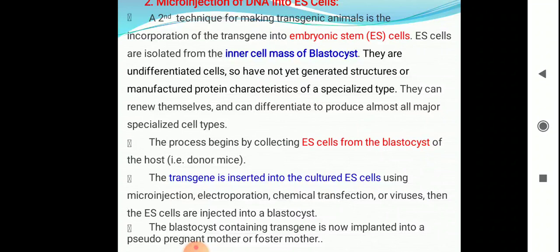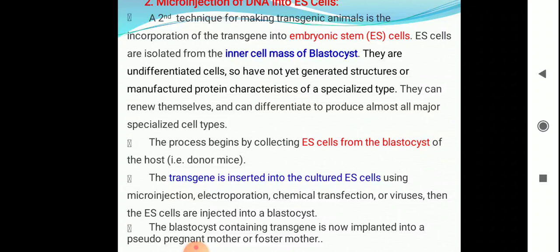Then the embryonic cells are injected into a blastocyst. The blastocyst containing the transgene is now implanted in the pseudo-pregnant or foster mother. As a result, transgenic animals will be developed. So this is the second method for making transgenic animals.